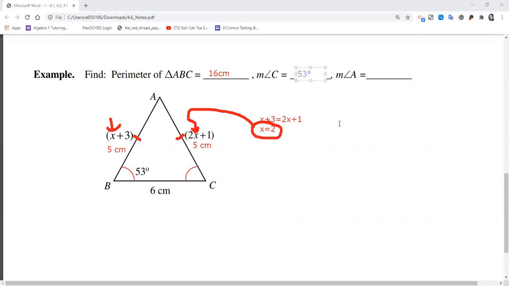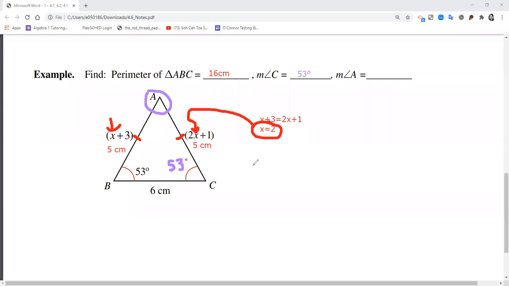Okay, now to find the measure of angle A, that's that vertex angle there, I'm going to have to do some thinking, right? So what I know is that both angles are 53 degrees, and whatever's left is going to help all three of those angles add to 180, right?